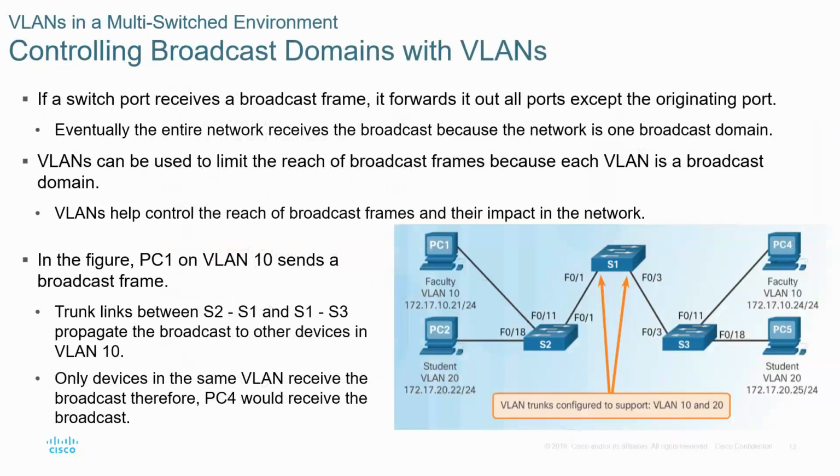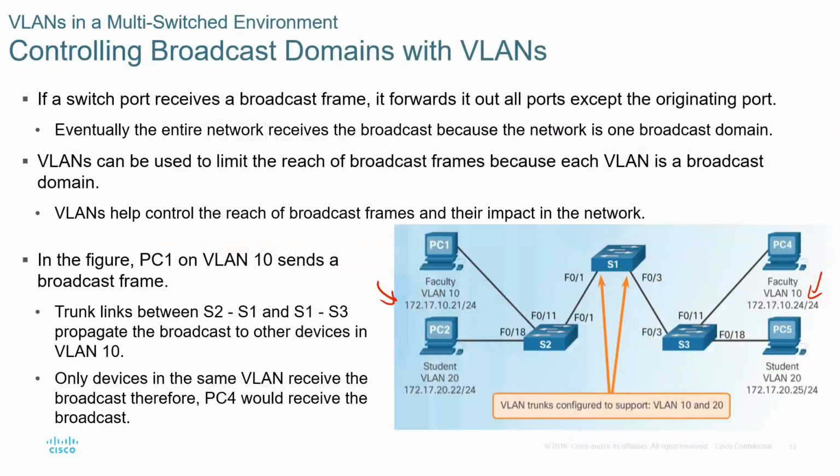We talked about this figure. Basically, when you have a network like that and you configure PC1 and PC4 to be in VLAN 10, while PC2 and PC5 are in VLAN 20, these are two broadcast domains. And you will see here that the IP addresses of PC1 and PC4 are in the same network. They are 172.17.10.24/24.